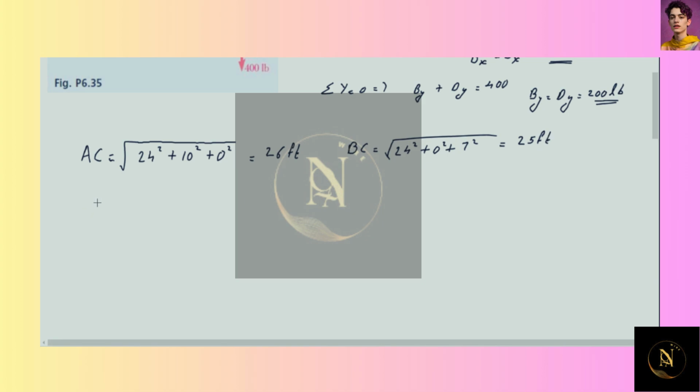Now CD: root of 24 feet square plus 0 feet square plus 7 feet square, and this is equal to 25 feet.